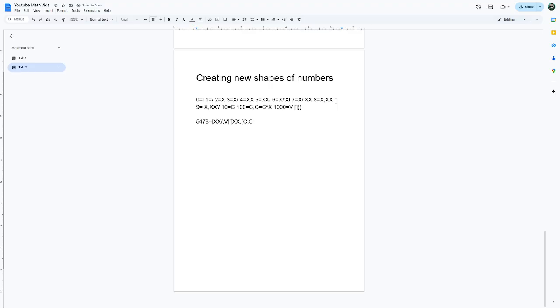C to the power of X, but here, I guess I could change it up. So, yeah. And that plus X dab XX.